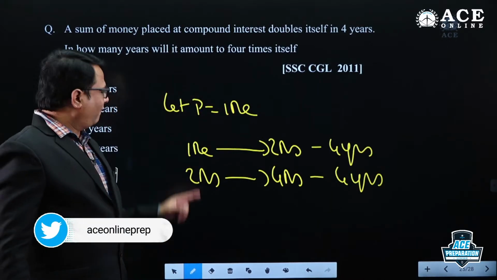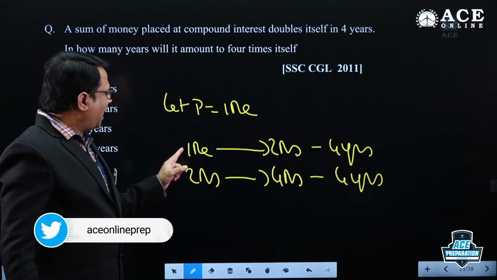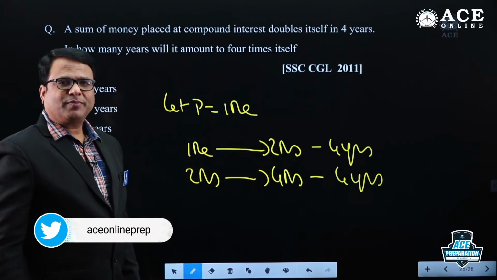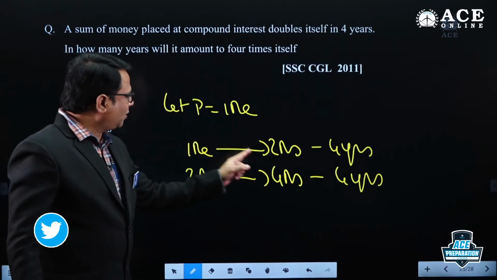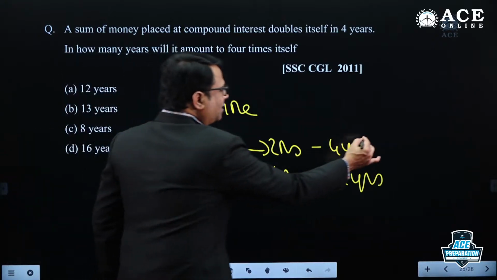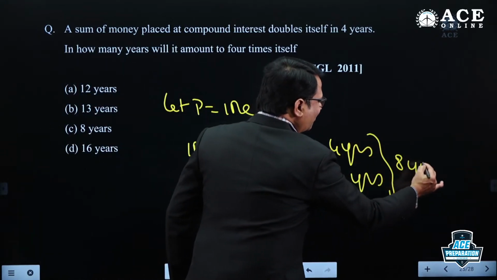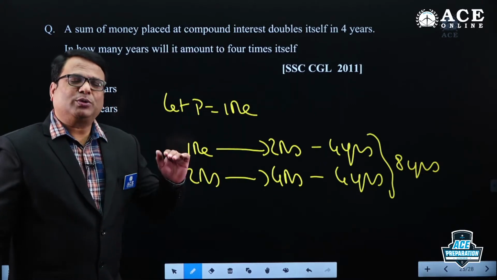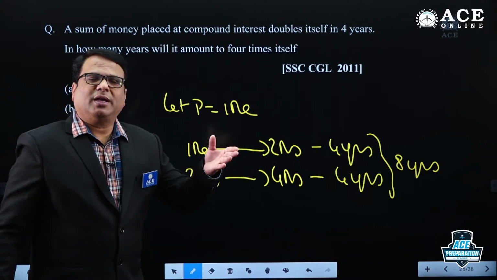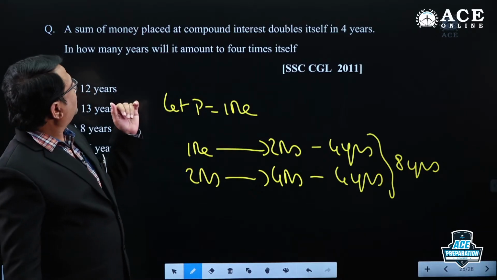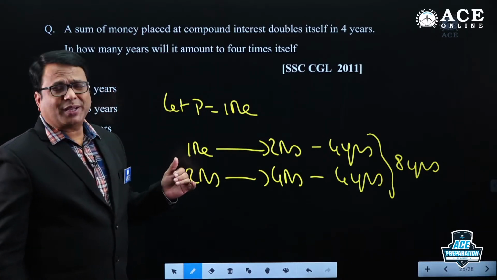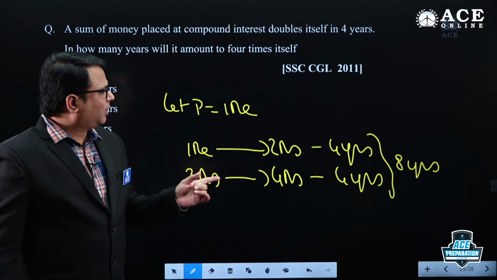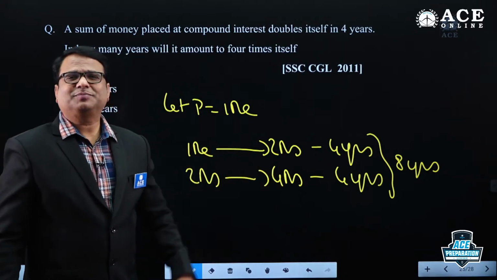Now you can see we started with 1 rupee and we are ending with 4 rupees. That means 1 rupee has become 4 rupees in how many years? 8 years. Then we can say to double itself, it takes 4 years, so to become 4 times of itself, it will take 8 years.